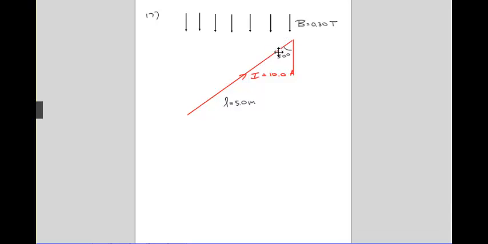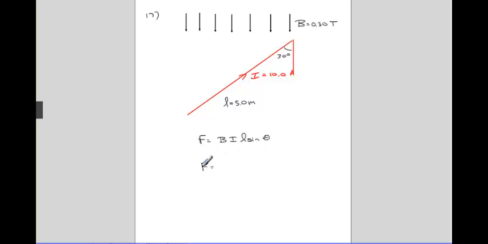if the wire and the magnetic field were in the same direction, you would get no force. If they are perpendicular to each other, at an angle of 90 degrees, then you would have the maximum force. The expression we just saw was force is equal to magnetic field times current times length times the sine of the angle theta.